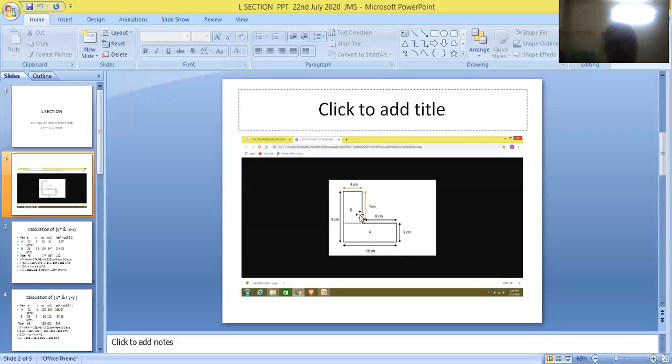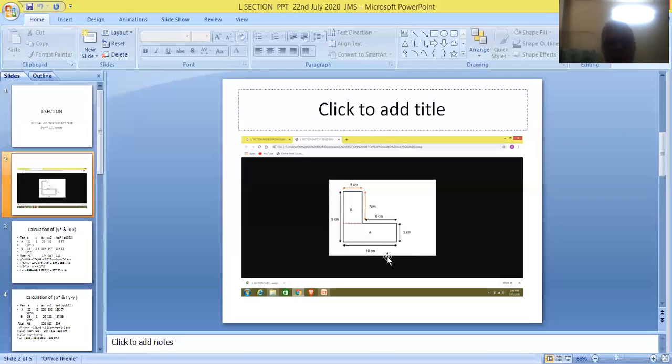Now, secondly, we can see the dimensions of the vertical component. That's called the web of the section. So friends, the width of the web is given as 4 centimeters, and the depth of the web is given as 7 centimeters. So B2 has to be taken as 4 centimeters, and D2 has to be taken as 7 centimeters for making the calculations.